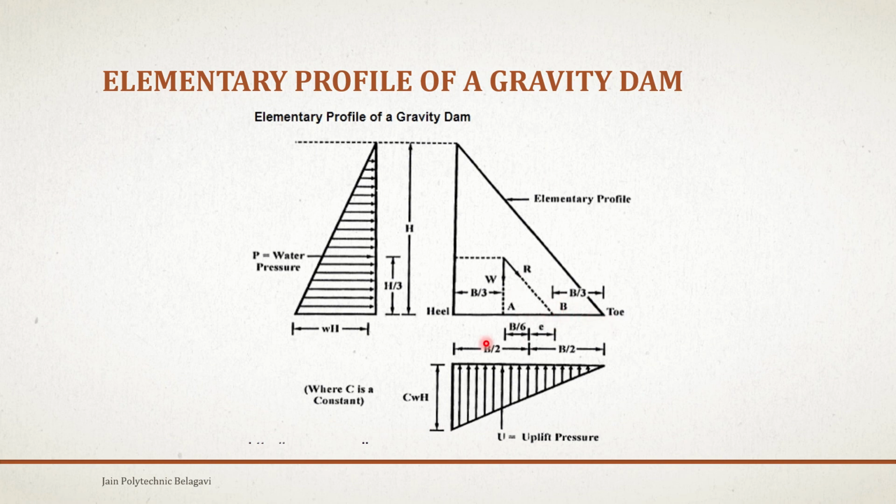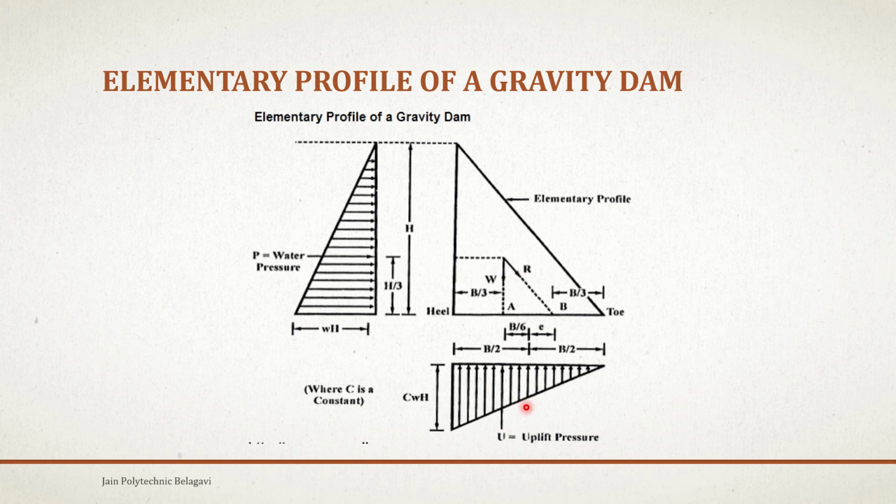And this resultant should be acting at a distance of B by 3 from the toe. Then this dam we say is the perfect dam, or the stable dam, if any type of pressure is acting on the dam. And we find the opposite reaction from the self weight.